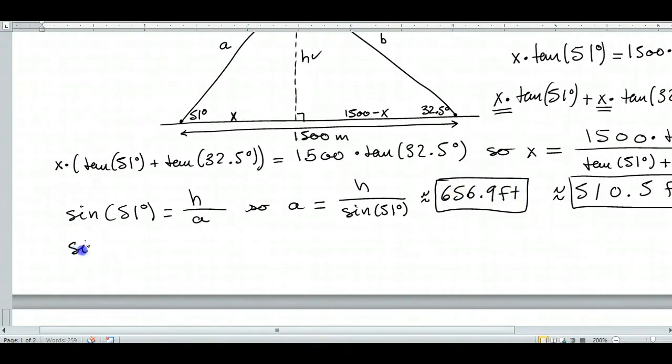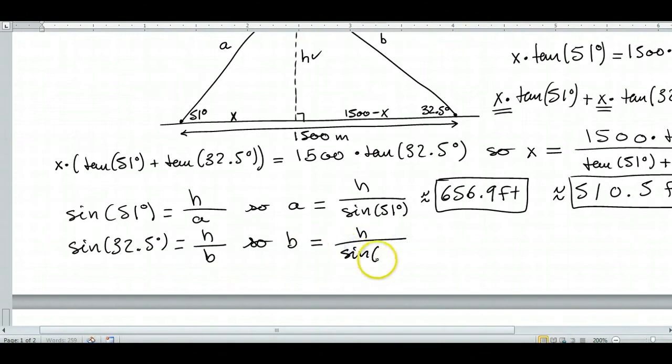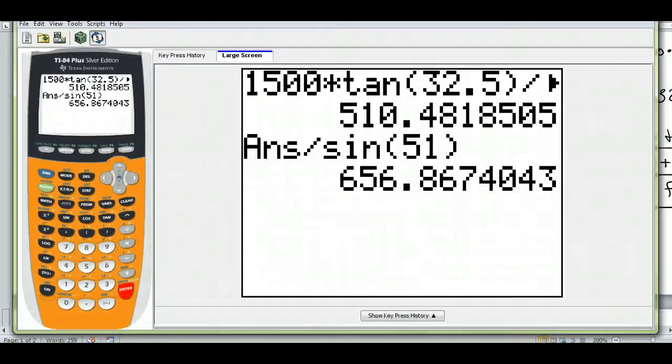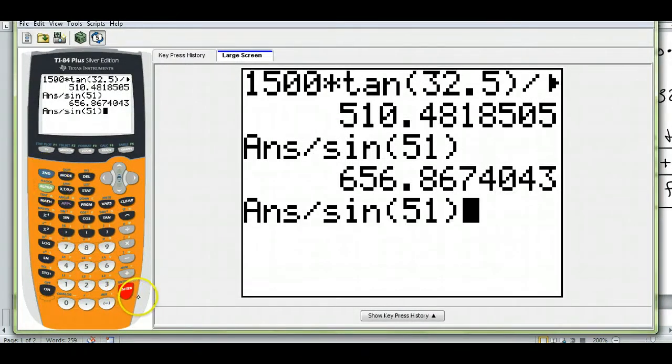Let's do the same on the other side. The sine of 32.5, in case you're not sure, is H over B. So B is equal to H divided by the sine of 32.5, and that is about, so let's take the calculator. Look what I'm going to do.